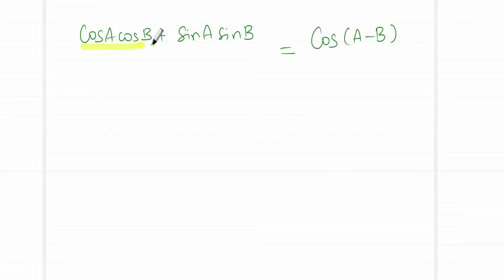The formula is cos A cos B plus sin A sin B equals cos of A minus B.